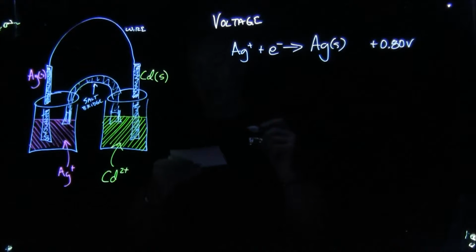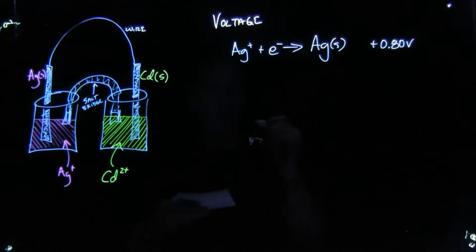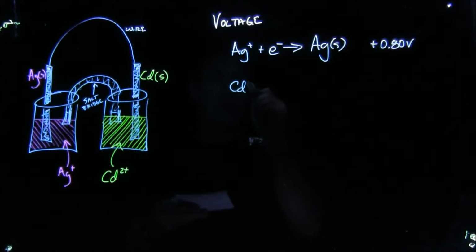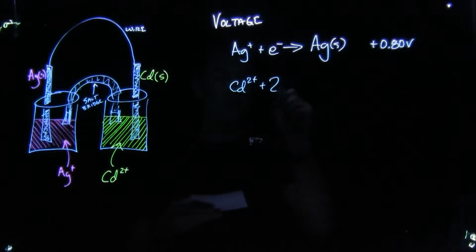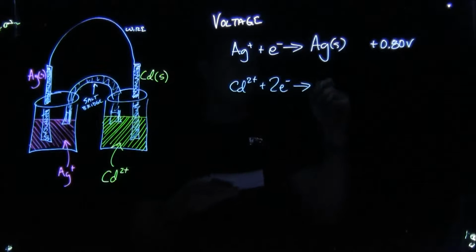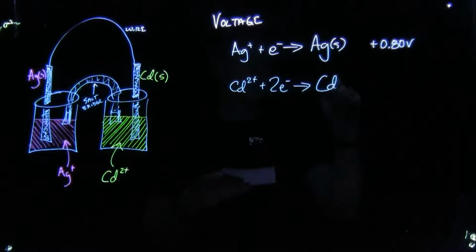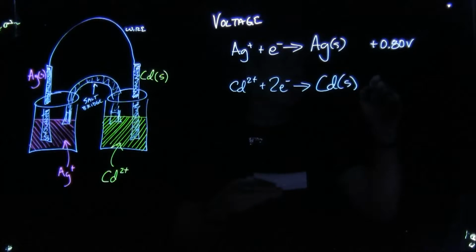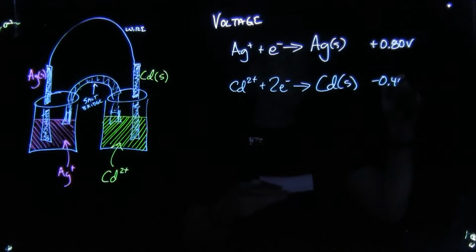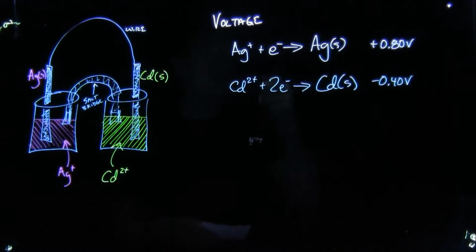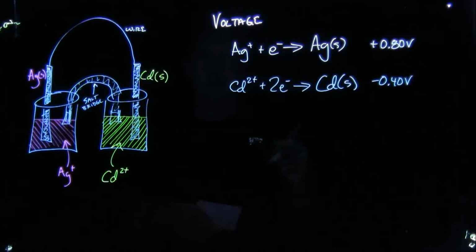The cadmium reaction down lower said that Cd2+ plus 2 electrons becomes cadmium solid, and that's at negative 0.40 volts. So both of these are reduction reactions.